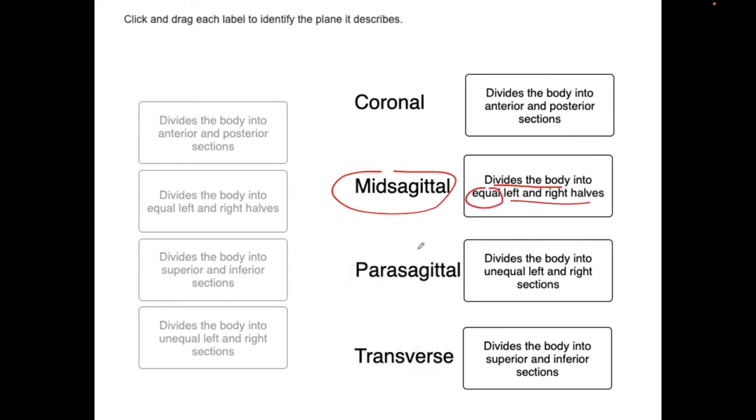But parasagittal divides the body into an unequal left and right section. The transverse divides the body into a superior and inferior part. And the coronal, aka frontal, separates into an anterior and posterior section.